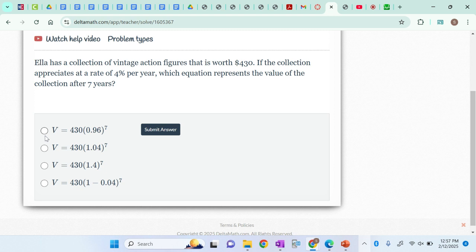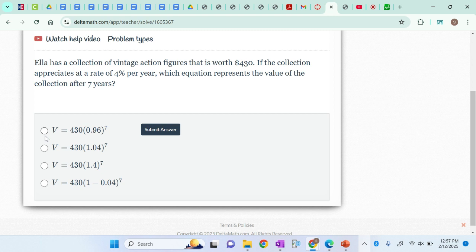So y is equal to 430 times (1 plus 0.04, which is my r value), raised to the t. What's my t value in this case? Time is t, so what's my only value that has a unit of time after it? 7 years. That's my t, so it'll be raised to the 7th power.